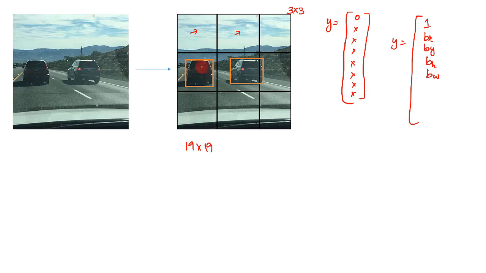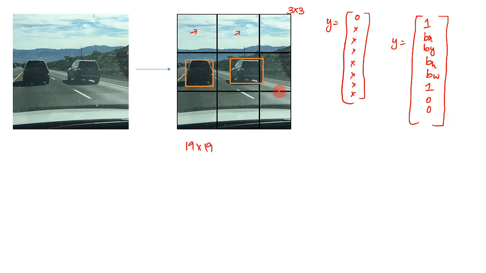So the c1 value will be 1, and the other values will be 0 and 0, because the other classes are motorcycle and bike, which are not present in that grid cell. The next cell also has an object of interest, so its value will be similar to the previous cell, and the other cells do not have any objects of our interest.